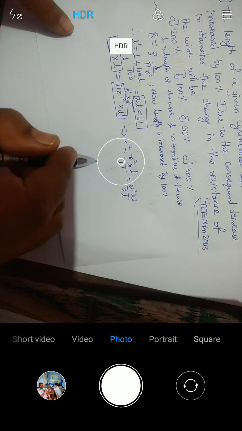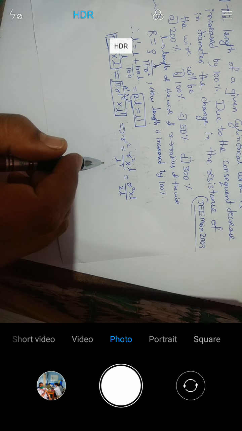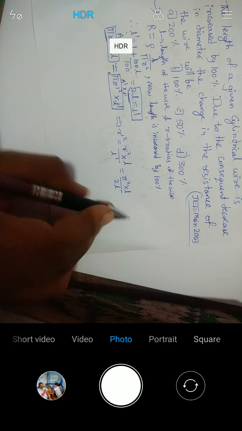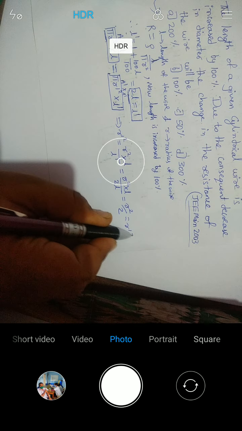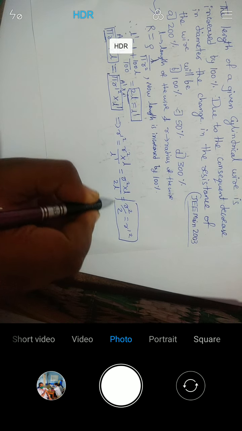By resolving this, pi gets cancelled. Then L cancels, and r dash square is r square by 2.